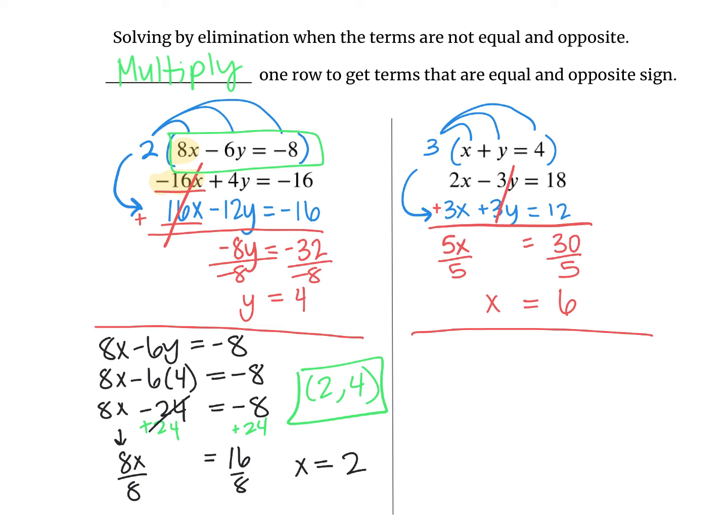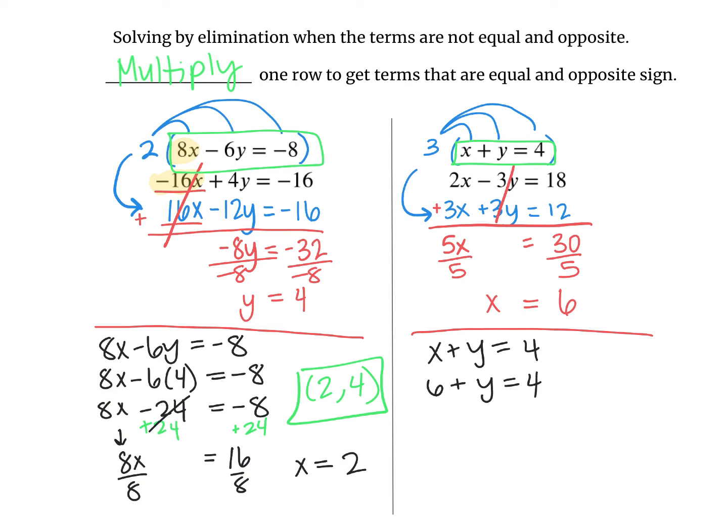So I'm going to take that first equation here, x plus y equals 4, and I'm going to rewrite it underneath this red line because we know that we need to substitute in 6 for x so that we can find what y is equal to. All right, so I take out x, I plug in 6 plus y equals 4.